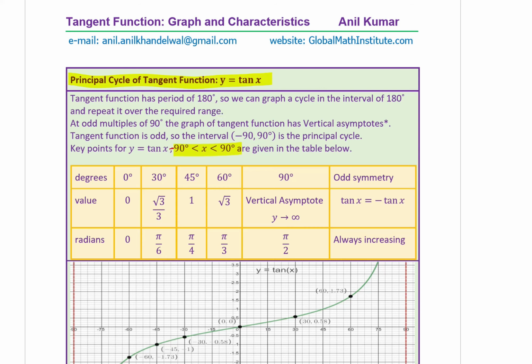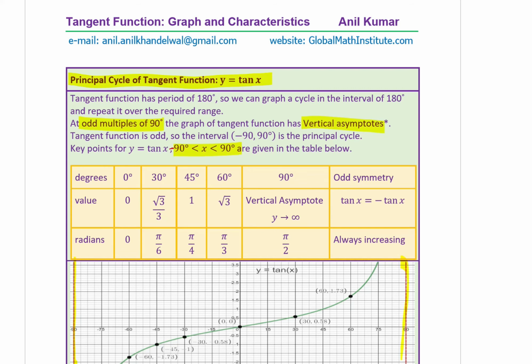Perfect. Now it is also important to understand that the tangent function has odd symmetry and the odd multiples of 90 are actually vertical asymptotes, right? So we have vertical asymptotes which are odd multiples of 90 degrees, correct? So they become kind of a boundary.